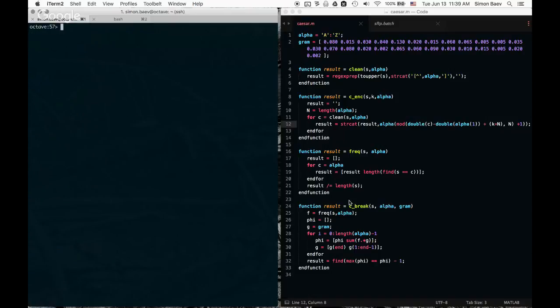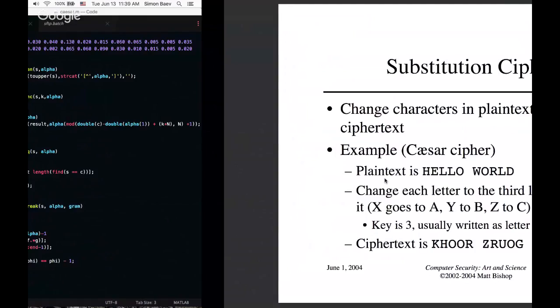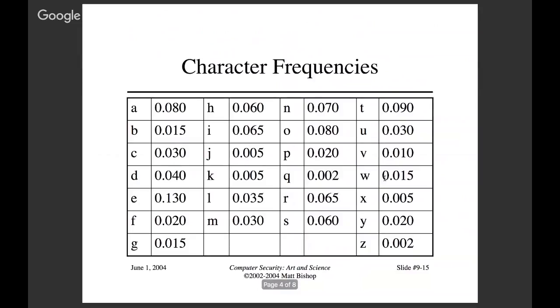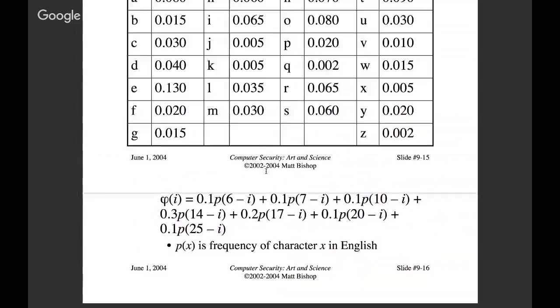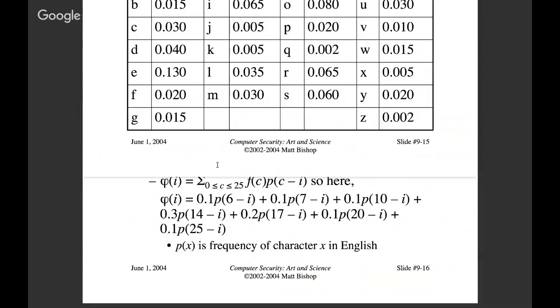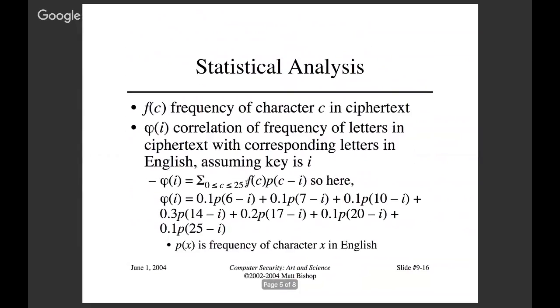All right, let us talk about the breaking procedure. The breaking procedure is pretty much an implementation of that formula, but before we can implement it, we have to calculate statistics, because statistics is implicitly used via function f of c, but it is actually an array of frequencies of particular characters.